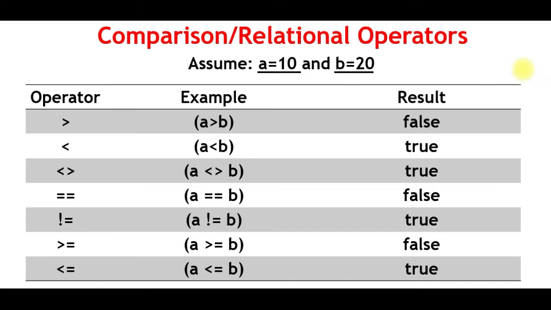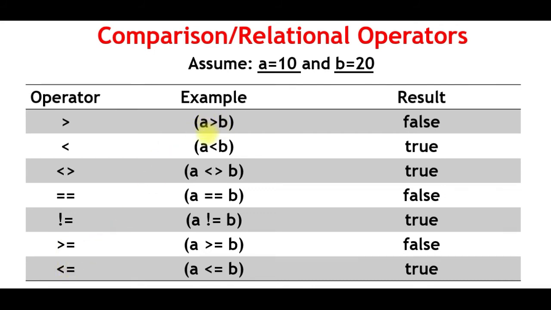So the answer is always true or false. Assume A is equal to 10 and B is equal to 20. So we have 7 operators: greater than, less than, not equal, equal, not equal, greater than or equal to, less than or equal to.